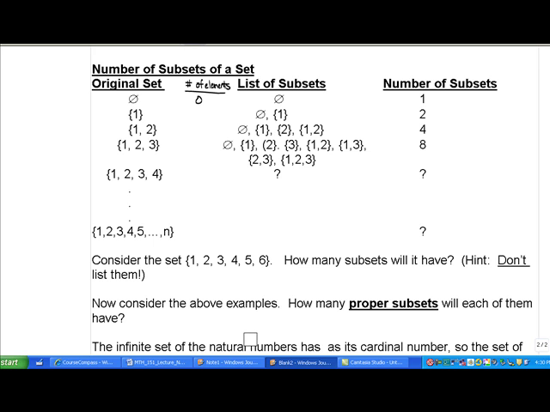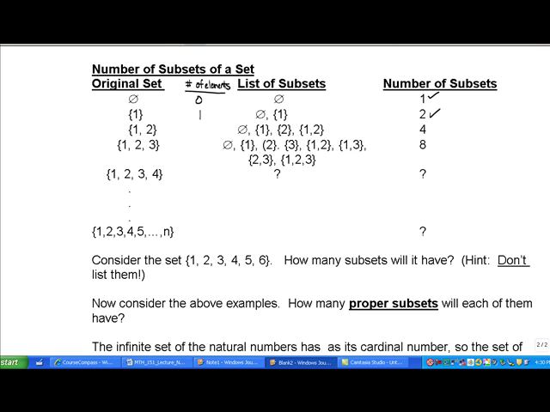The only subset is the set itself, so there's one subset. The second set has one element. It has two subsets. Remember, the empty set is a subset of every set. So we have that, and then we have the set itself. So we have two subsets.